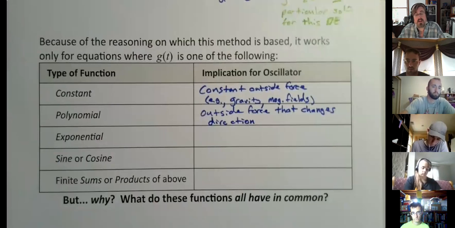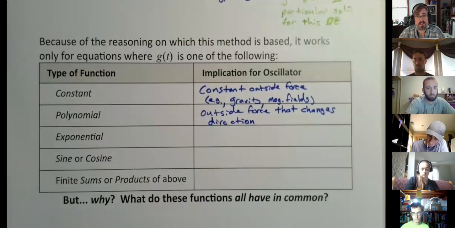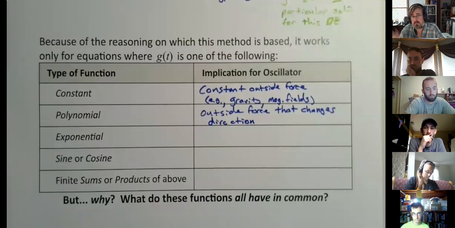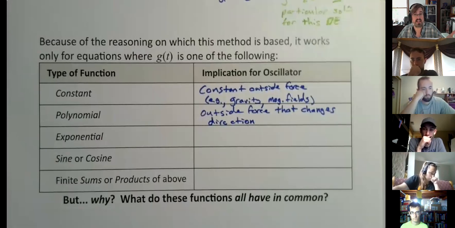There are tons of examples of outside forces that are stronger at one point in time and then weaker later on, right? So for example, wind. If you have a harmonic oscillator blowing in the wind, maybe the wind just dies off as the day goes by. If you have a large pool of water, you're going to have different types of force acting on the oscillator, the top of the water, depending on the time of day, depending on the amount of uneven heating that's going on. So this happens.